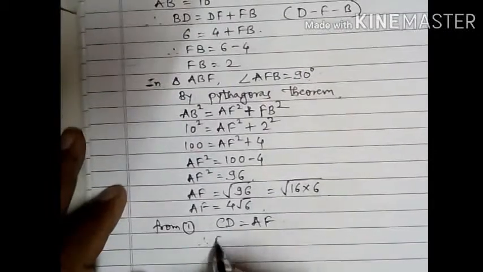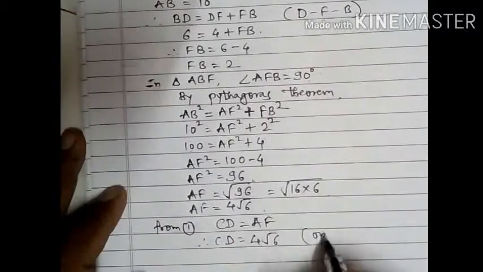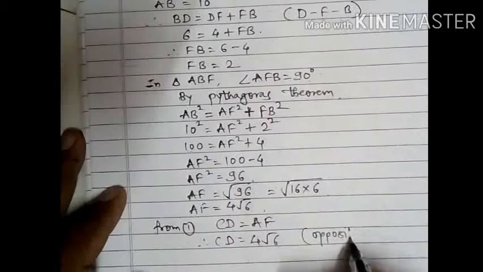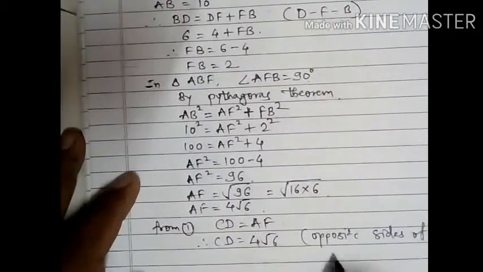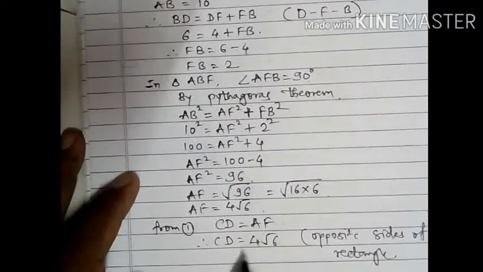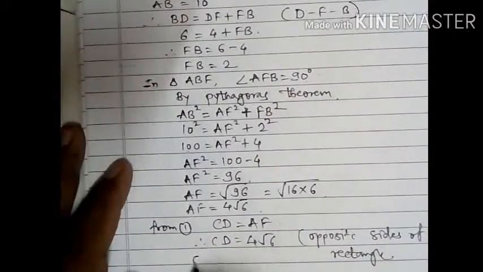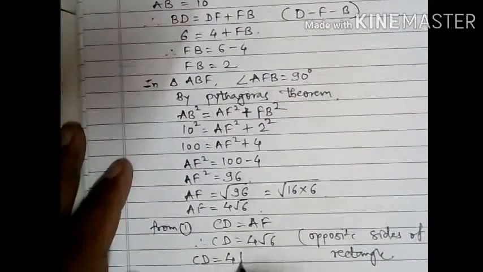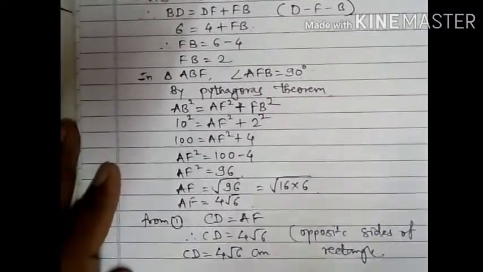Therefore CD is equal to 4 root 6, because they are opposite sides of a rectangle. Therefore the length of CD is equal to 4 root 6 centimeters. In this way we solve this example.